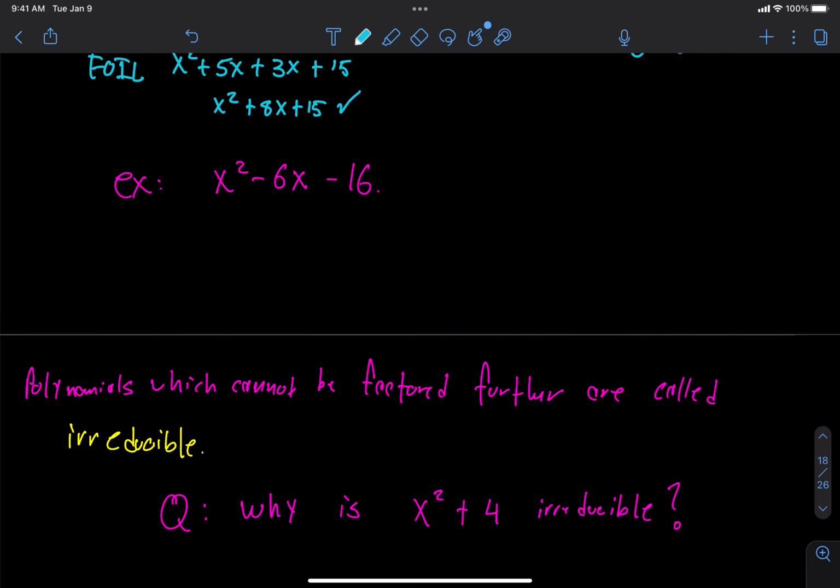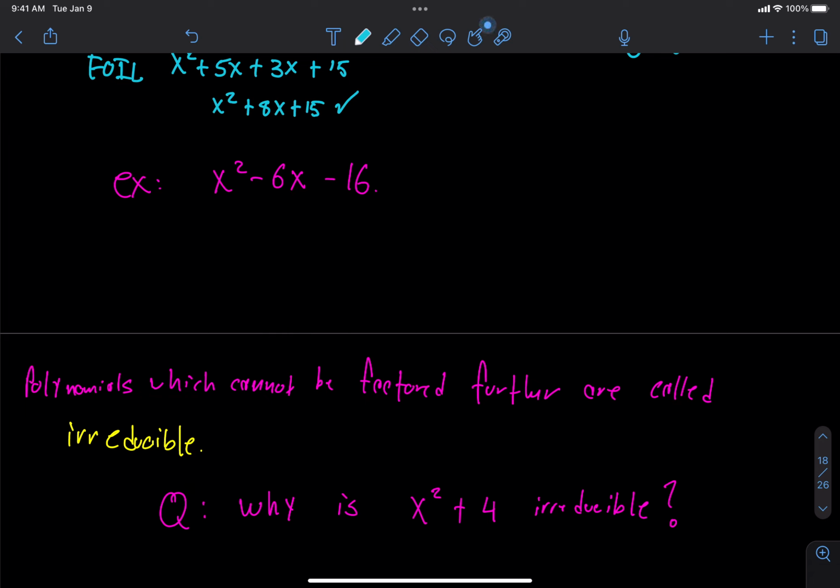This one's harder because we've got minus signs in the mix now. So what am I going to do? I'm going to list all the things that I can multiply together to get negative 16. So negative 16 could be negative 2 times 8, or negative 8 times 2, or negative 4 times 4, or negative 16 times 1, or negative 1 times 16.